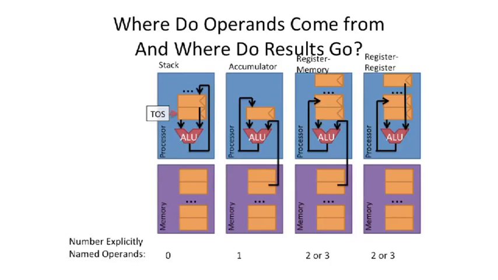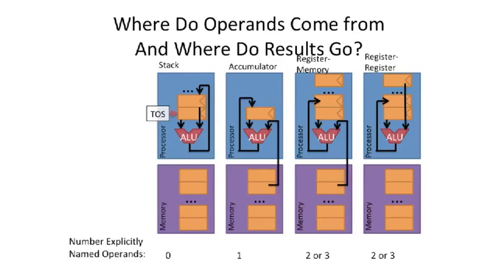Some of them will implicitly name the result. Something like x86, for instance, the first source operand is always the destination. So it only has to name two things. Something like MIPS, or most RISC architectures, will actually name all three. And you can think about that happening with both memory and a register-register architecture.